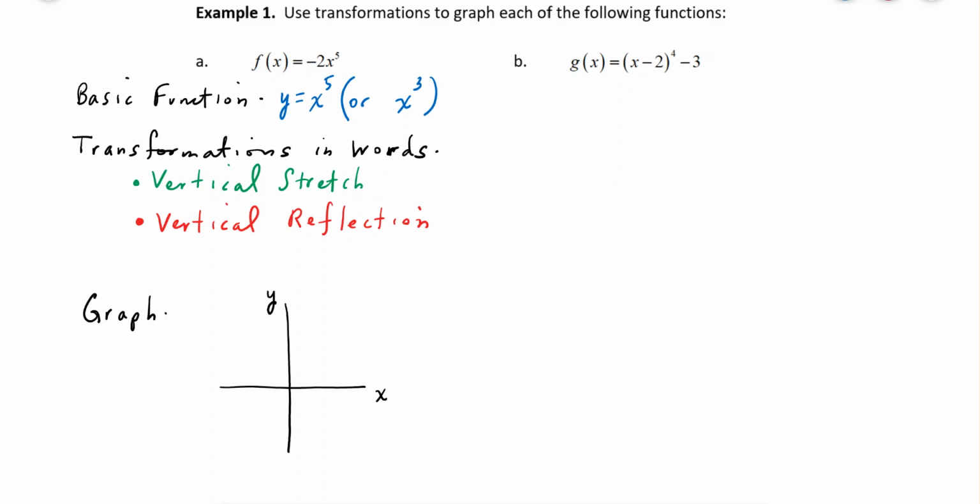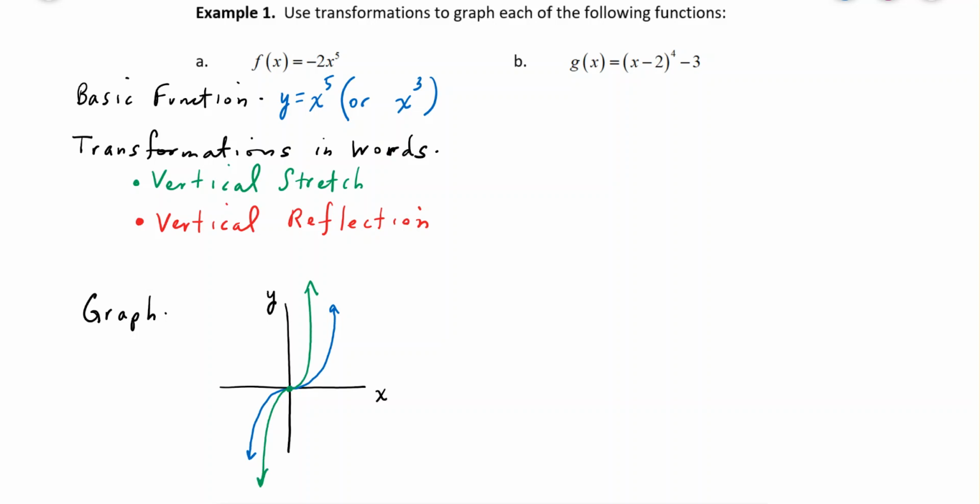And so what we're going to do in this first example is we're going to go ahead and sketch the basic graph, x to the fifth. And then we're going to sketch the stretch. So vertical stretch is going to pull the graph away from the x-axis. Where we're below the x-axis, we get further below, we get steeper. And where we're above the x-axis, we get further away above, we're steeper.